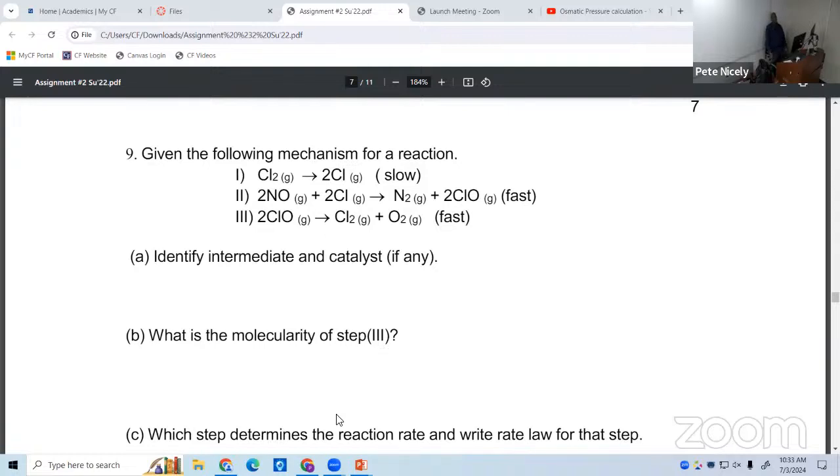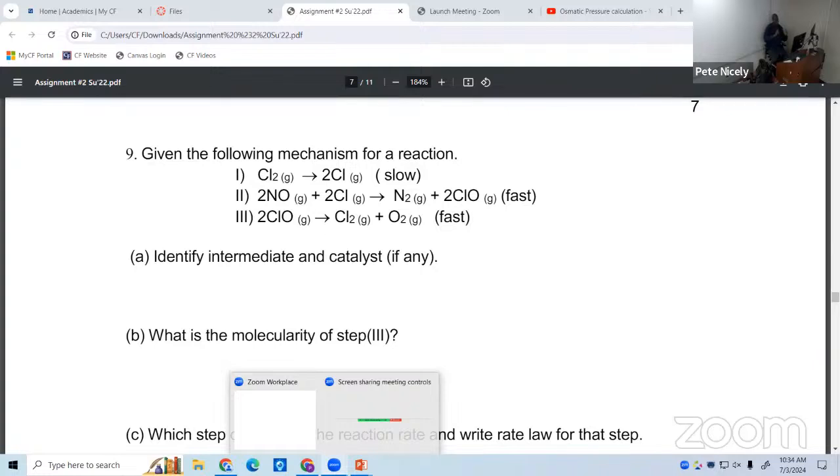So here we have to go back to what was covered in the videos, right? Because in the videos, I made a distinction between intermediates and catalysts in a mechanism. An intermediate in a mechanism is a species that is produced in one step and then used up in a subsequent step.